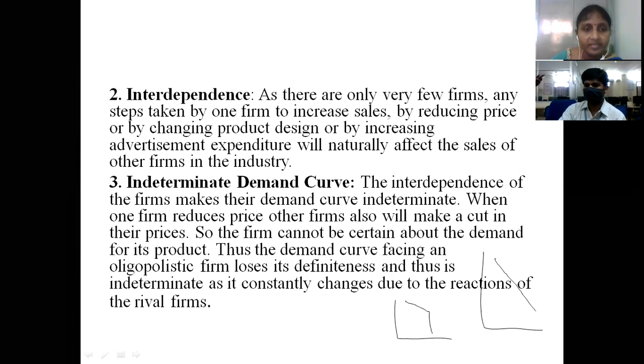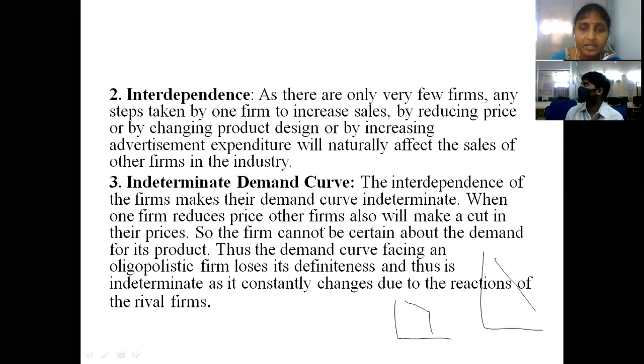So that means we are not able to determine the demand curve, because in all the other market structures the demand curve is falling from left to right. Why is it happening? Whenever one firm is reduces the prices, what do the other firms think?